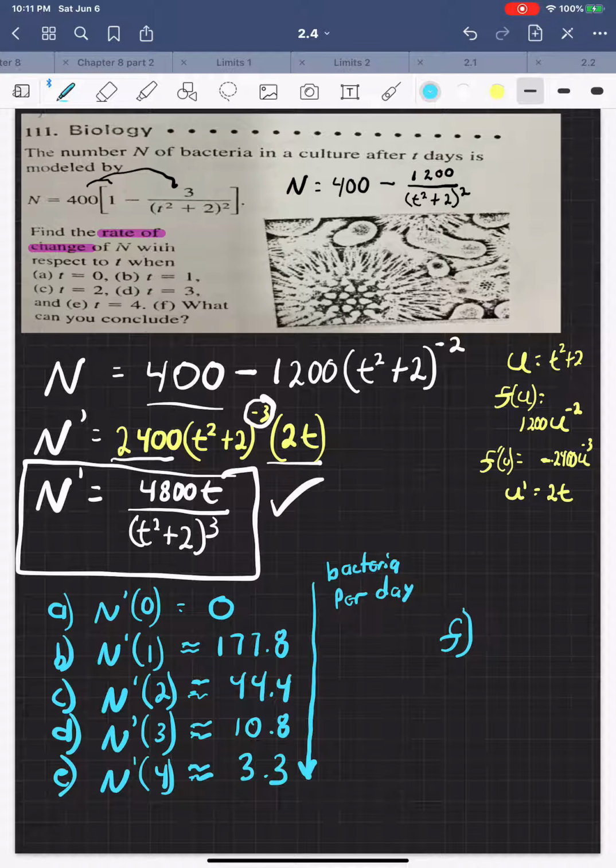So part F just asks, can you make a conclusion? What can you conclude? In other words, the way I would interpret that question is, as time continues to pass, you could think of it as letting t approach infinity, meaning as time continues, the population is what?